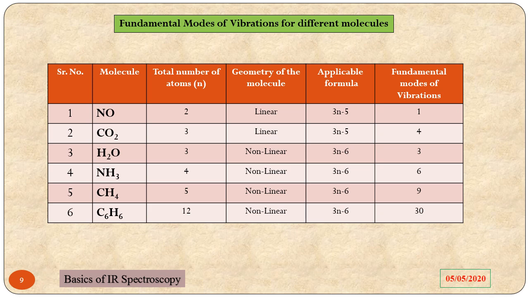The fundamental modes of vibration for these two molecules respectively are calculated as 1 and 4. Water, ammonia, methane, and benzene molecules are non-linear in nature, and therefore the applicable formula for these four molecules is 3n minus 6, and the fundamental modes of vibration for these four molecules are 3, 6, 9, and 30 respectively.